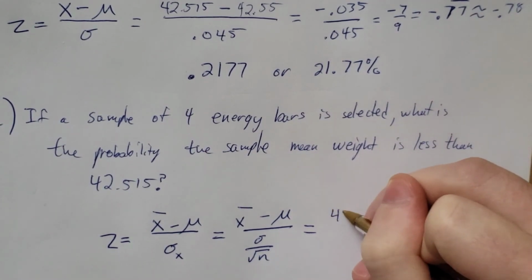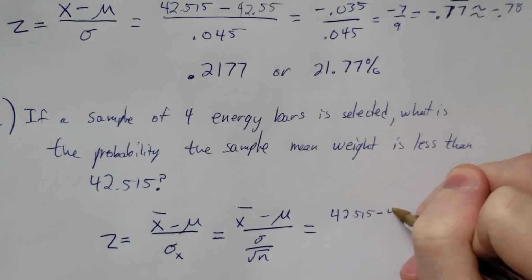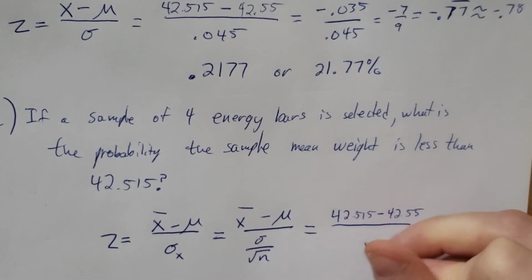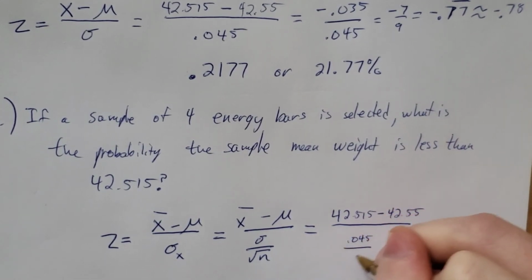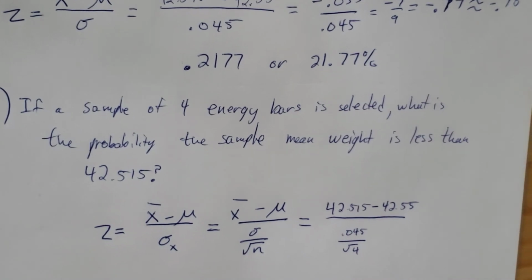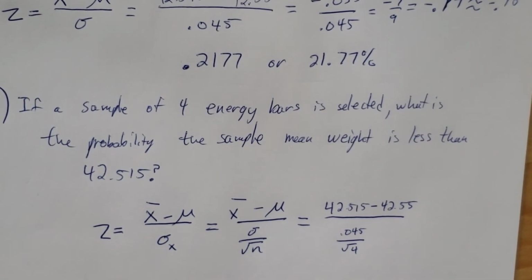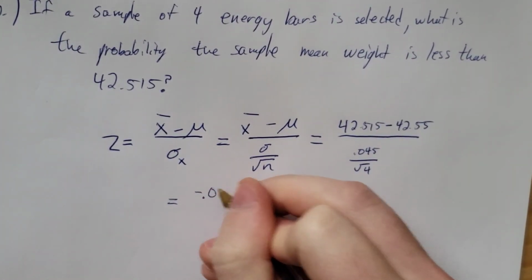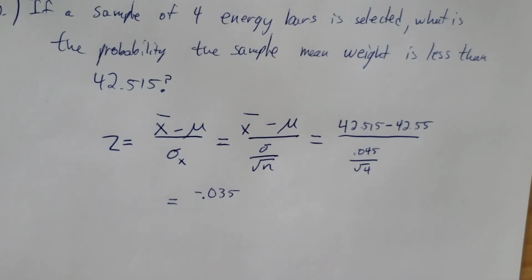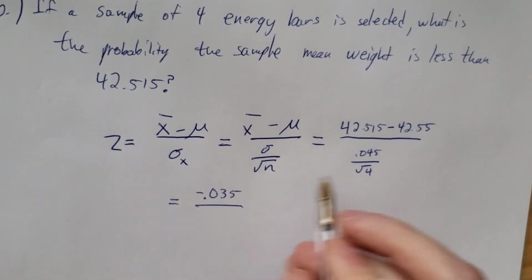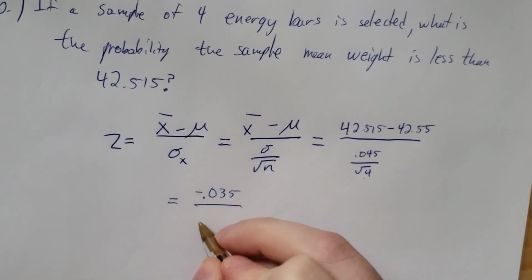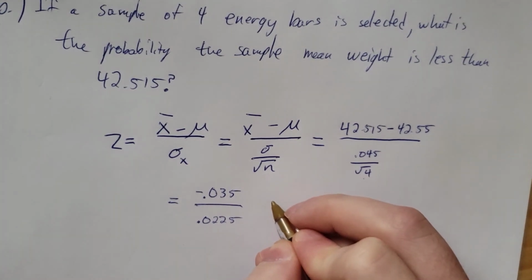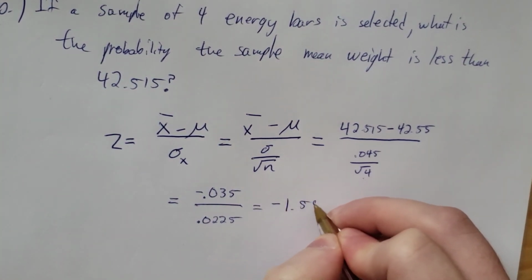So this is 42.515 minus 42.55, but now the standard deviation we're dividing by is 0.045 over the square root of 4, because 4 was our sample size. The numerator is the same as the previous part A, so negative 0.035. And now we have 0.045 divided by 2, so 0.0225. And this is equal to negative 1.55 repeating.